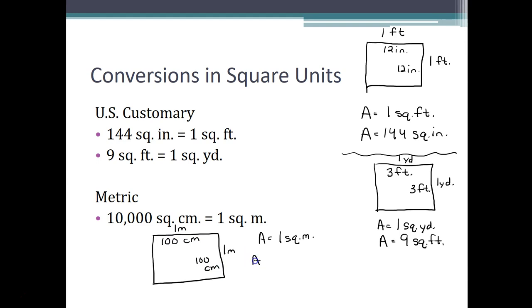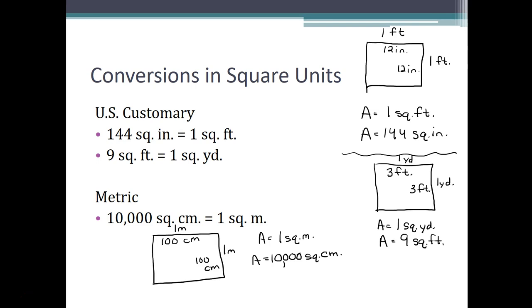So the area can also be 100 times 100, or 1 with 4 zeros, 10,000 square centimeters. So that's how they get those conversion factors. You can find any conversion factor you need for square units by thinking about that. What is 1 foot equals 12 inches? Square those, and there's your conversion factor.